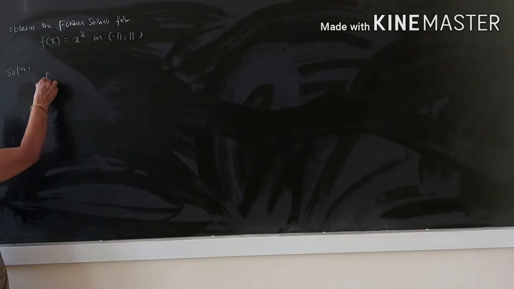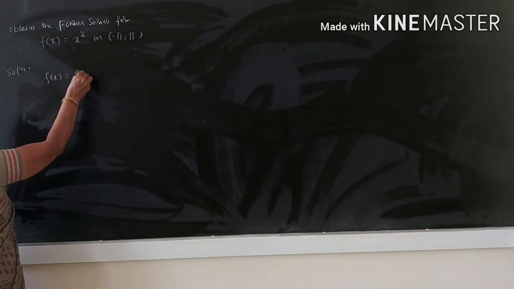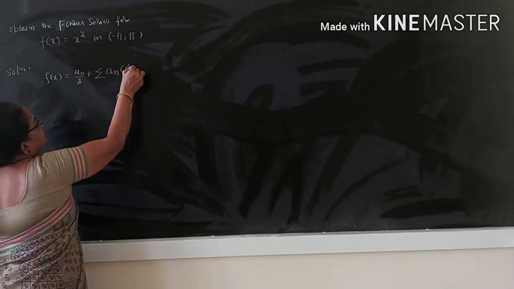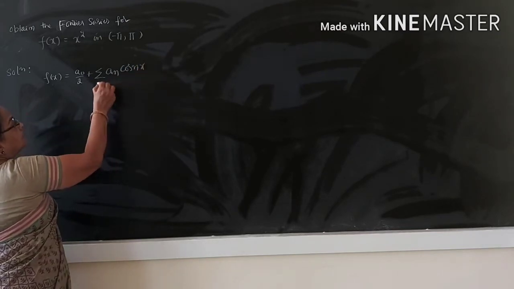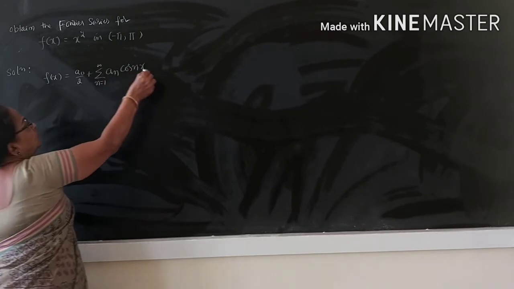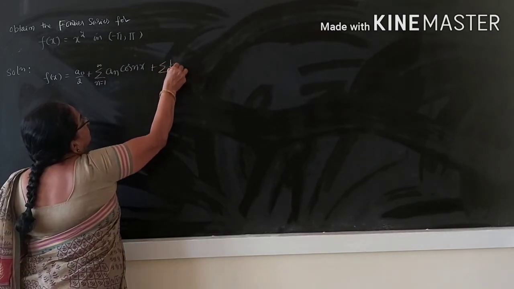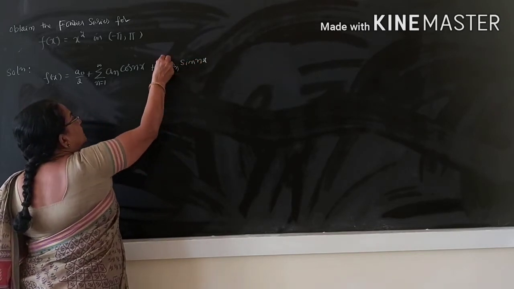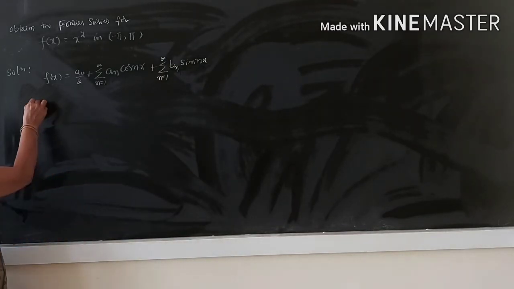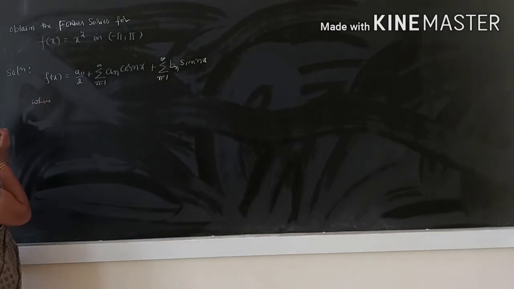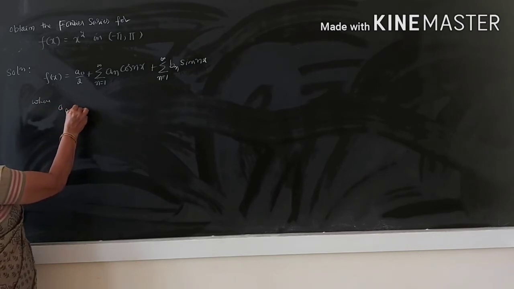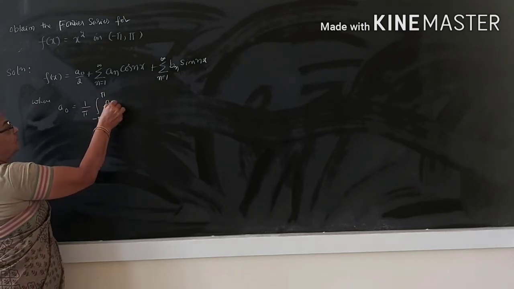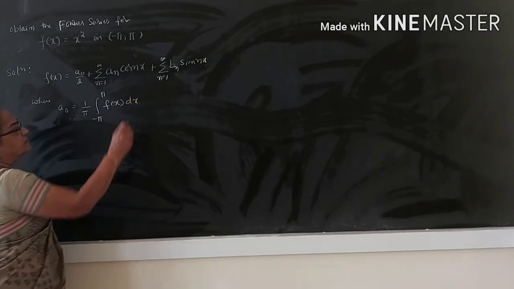We know that f of x is equal to a naught by 2 plus summation an into cos nx, where the value of n ranges from 1 to infinity, plus summation bn into sin nx, where the value of n ranges from 1 to infinity, where a naught is equal to 1 by pi integral minus pi to pi f of x into dx.